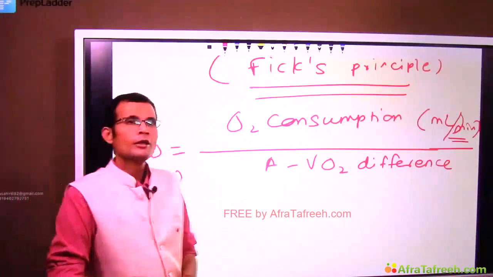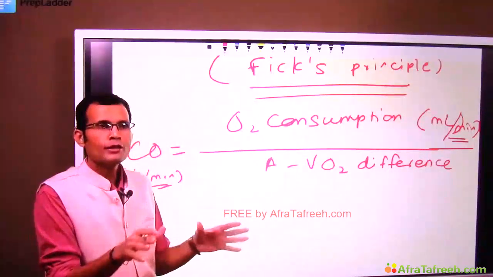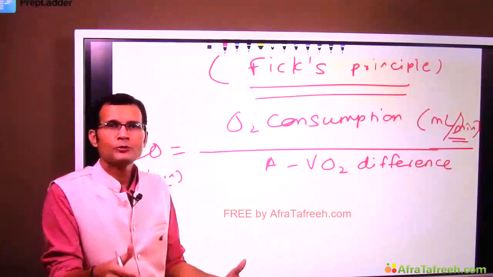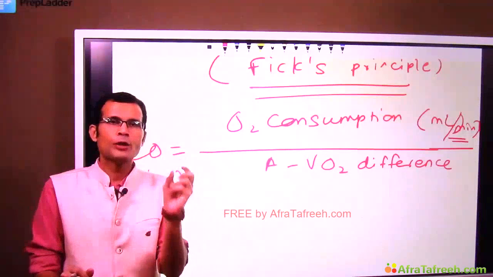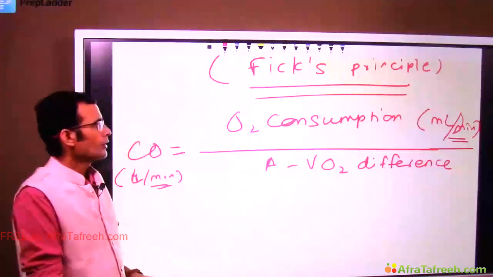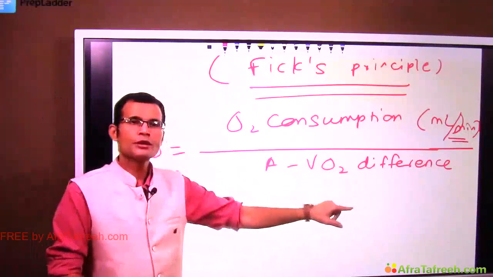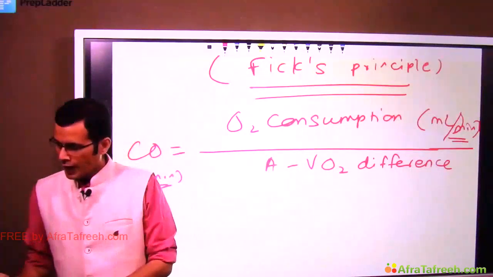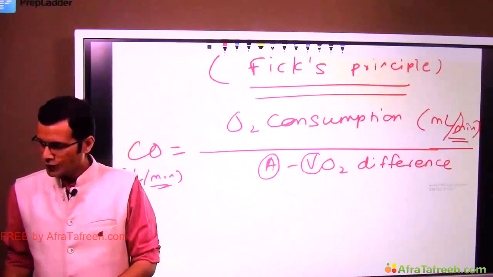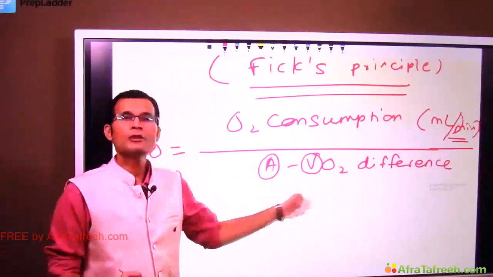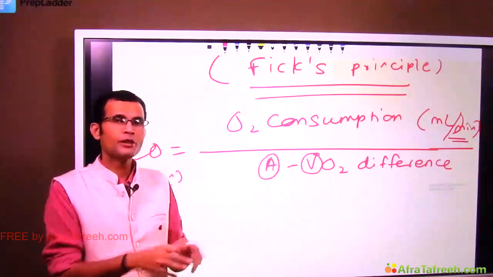Okay, let me just point out one thinking flaw. When the students see this equation, they think of just one organ and they say, sir, arteriovenous oxygen difference means arterial oxygen level, venous oxygen level, and the difference between the two. Look, now you are thinking about one organ or one tissue.